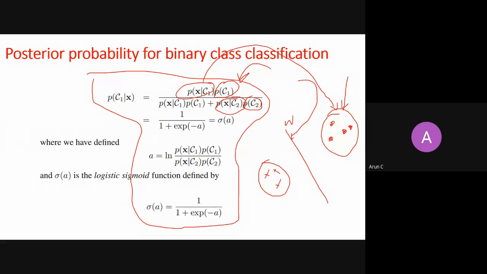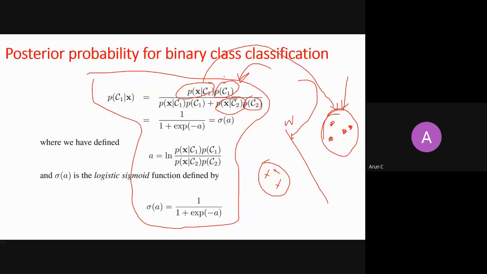And the prior probabilities, how will I get them? It is nothing but a ratio in my data set. What is the frequency with which I see C1 in my data set? What is the frequency of C2? So if there are 8 samples out of 10 that belong to C1, it means I have 80% probability of seeing C1. So my prior probability is 0.8, right?